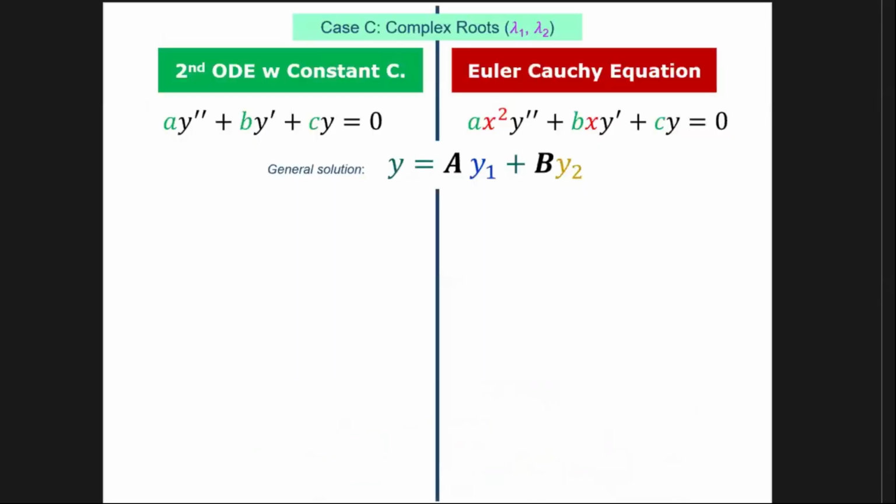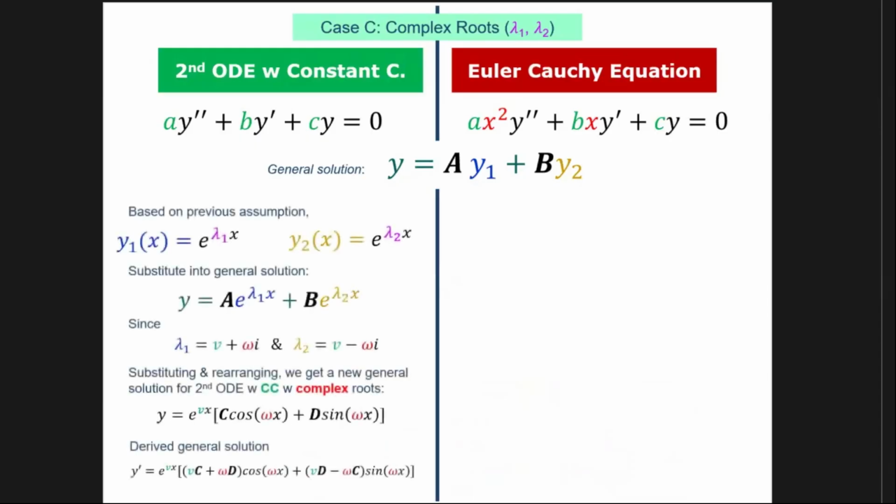All right, same as the two previous cases, same general solution. The y assumption for case C is the same as case A because we still have lambda 1 and lambda 2.